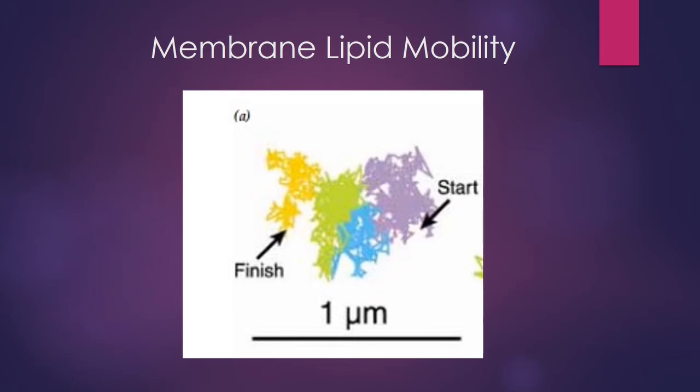This figure shows the path taken by an individual phospholipid within the plasma membrane over a period of 56 milliseconds.